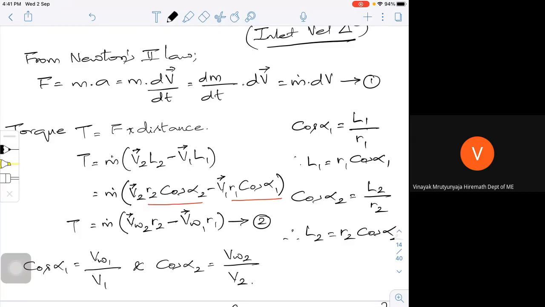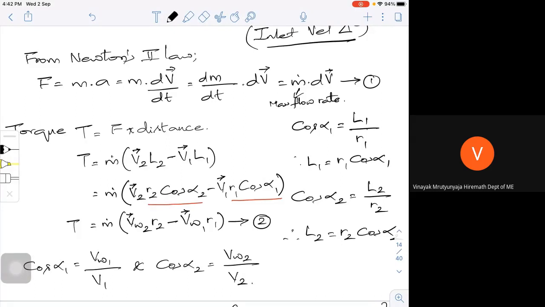So I am trying to convert the simple mass m into mass flow rate. So dm by dt is called the mass flow rate, and dv is the change in velocity. dv by dt is my acceleration.